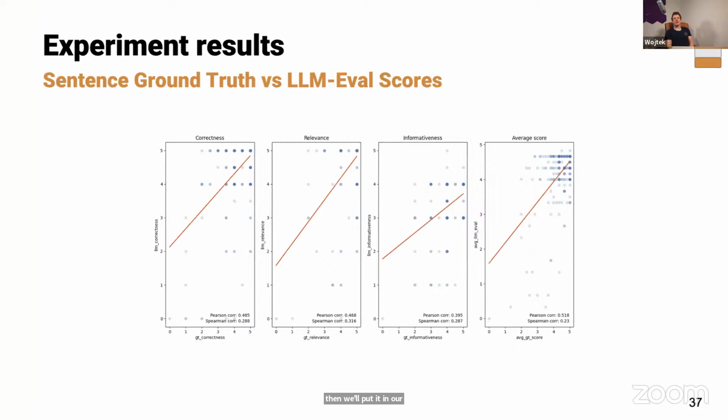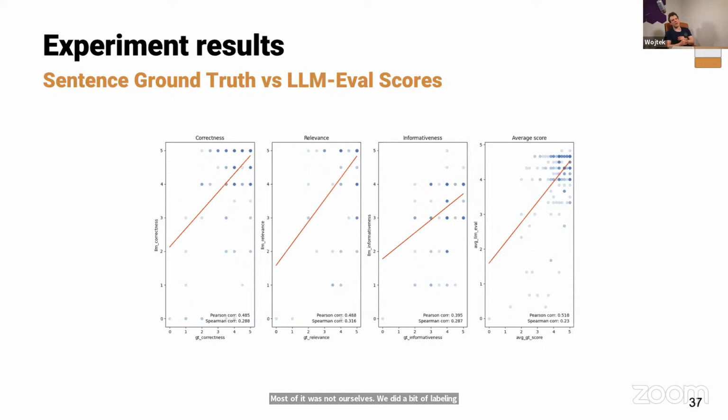So what we were doing here, first of all, the problem setup: we looked at the sentences and evaluated what is the actual ground truth of the sentences, so whether they were correct, whether they were complete, whether they were informative, and the average of those. So that was human evaluators. Most of it was not done by ourselves. We did a bit of labeling ourselves, but most of it was already pre-labeled data sets.